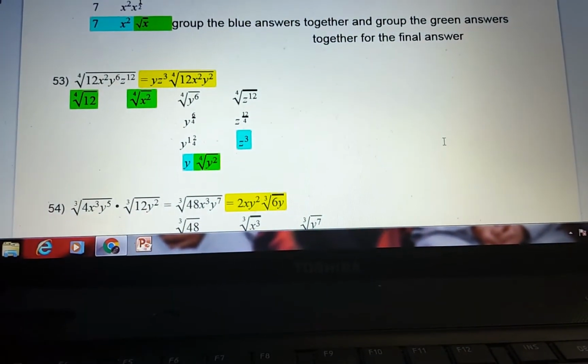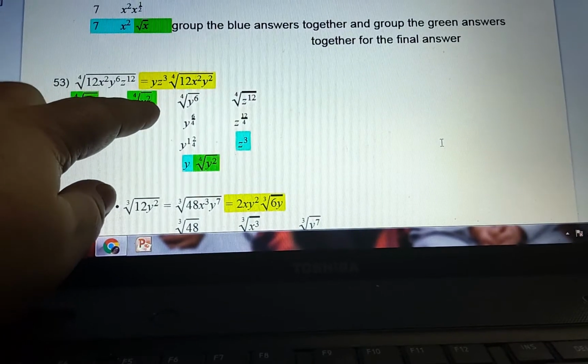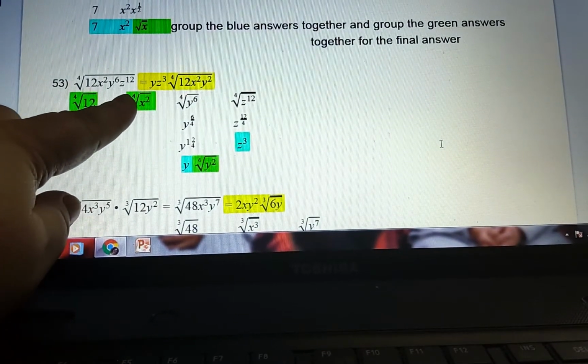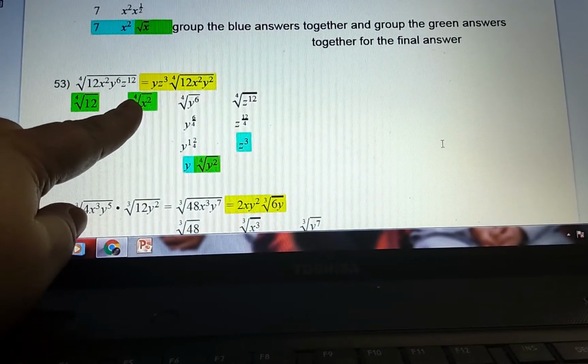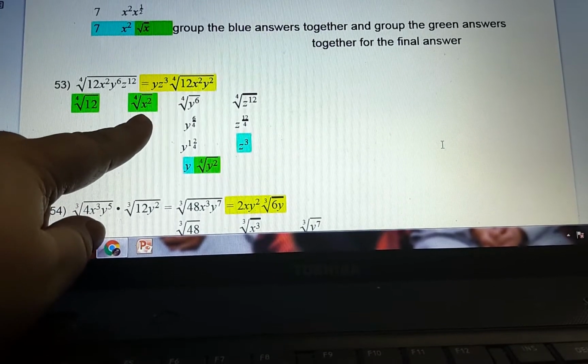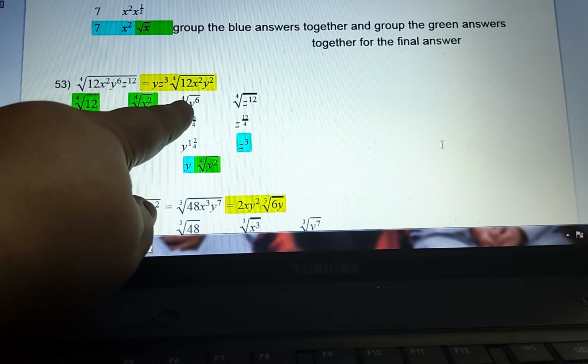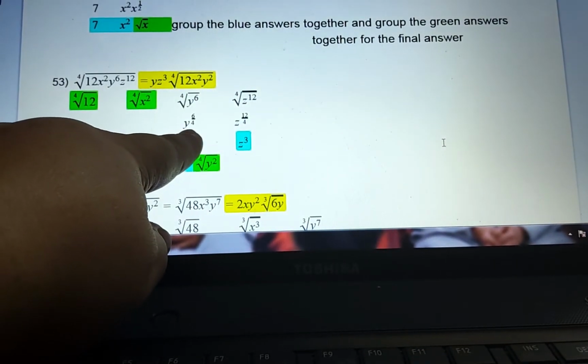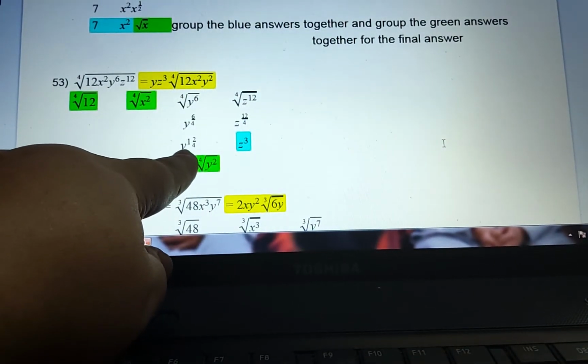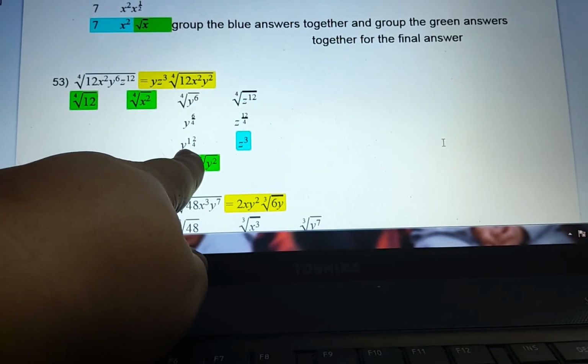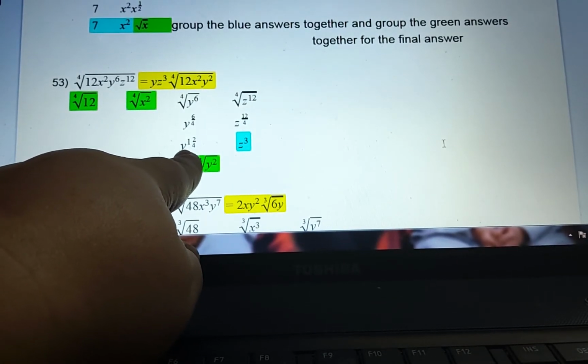Okay, the 4th root of x squared. Remember that when the power is smaller than the index, you're not going to be able to do anything with it, so we're just going to leave it. Now, this one, the power is bigger than the index, so we rewrite it as a fraction. We divide it, so you get 1.5 or 1 2/4.